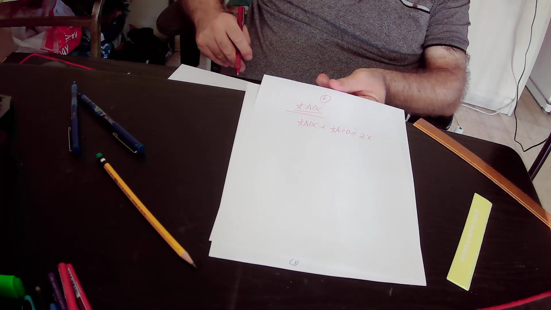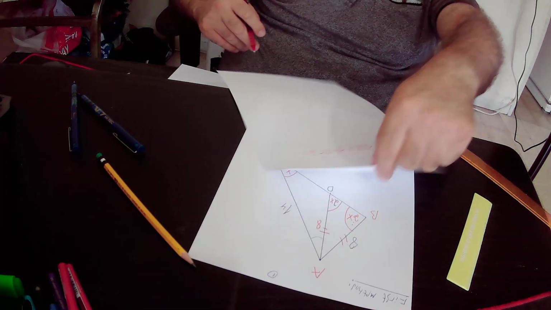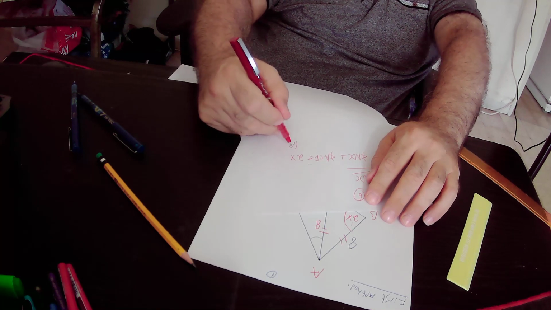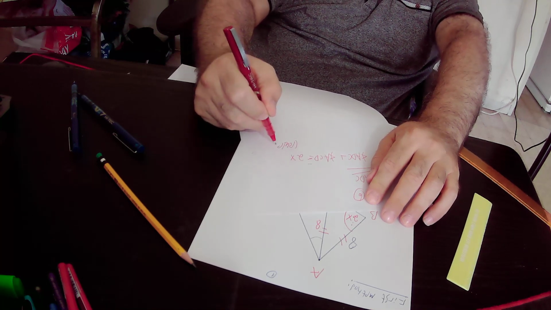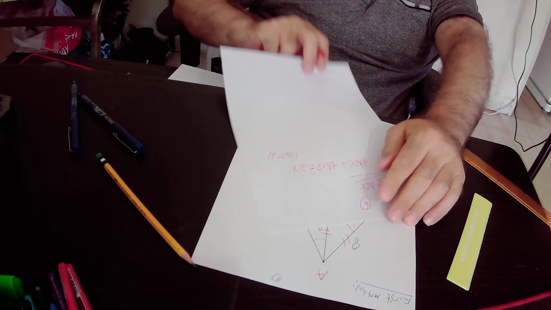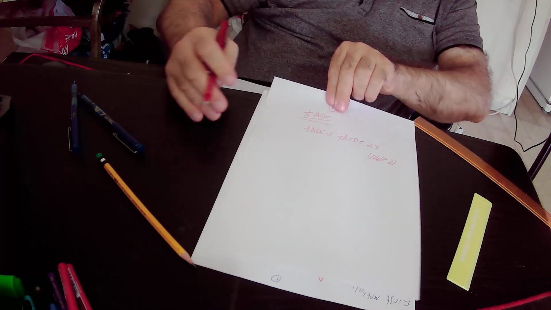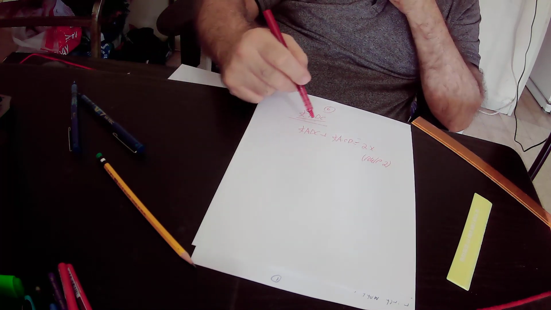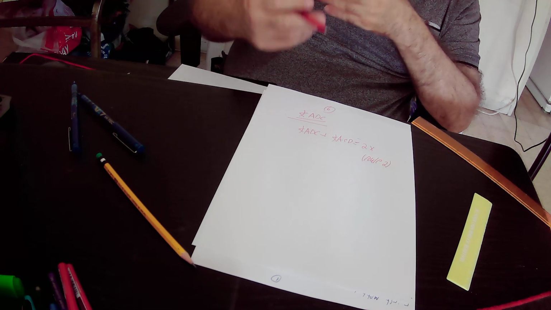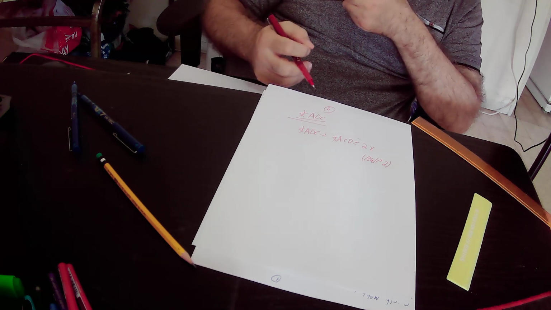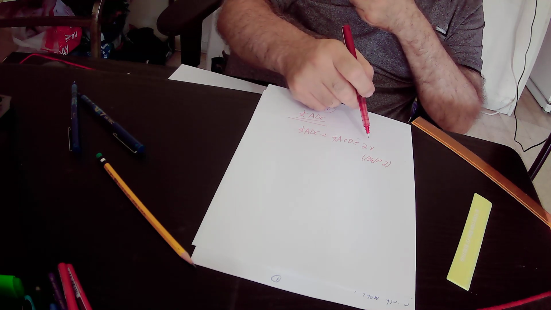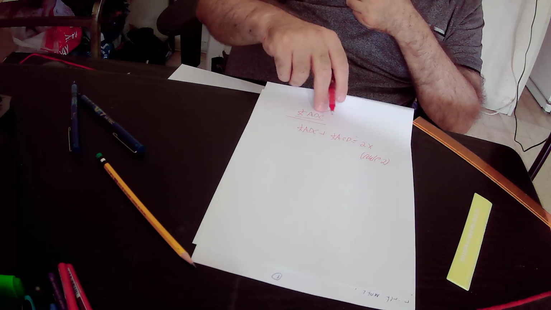According to rule number 2, angle ADC plus angle DAC, that are two interior angles, equals to the exterior angle, that is actually 2x.